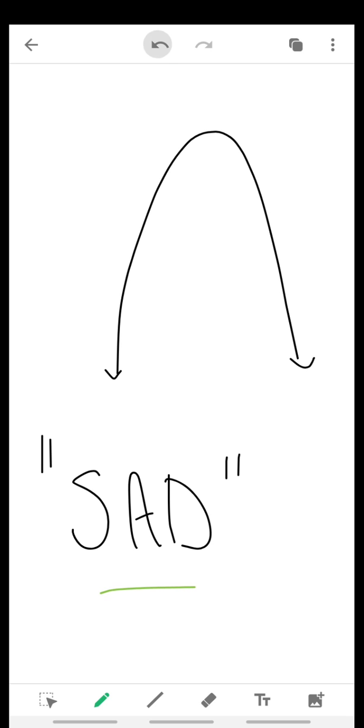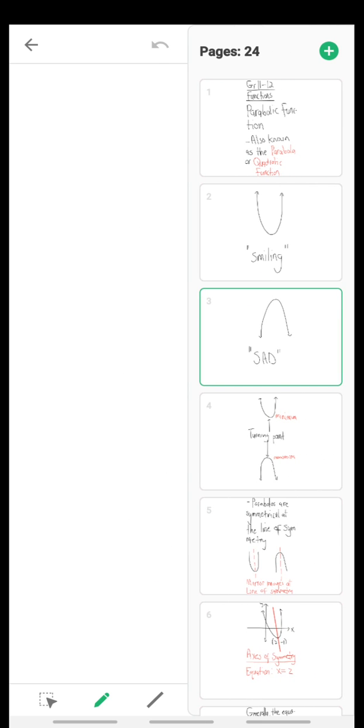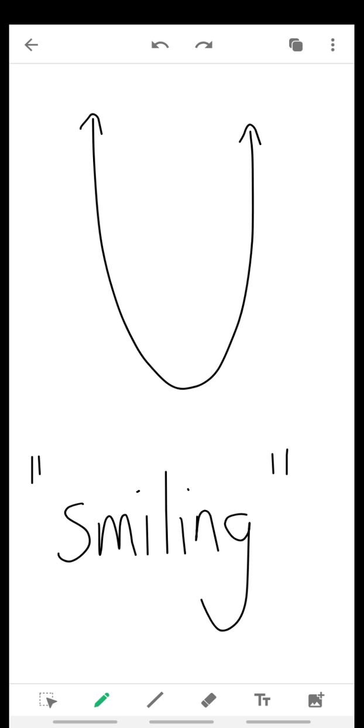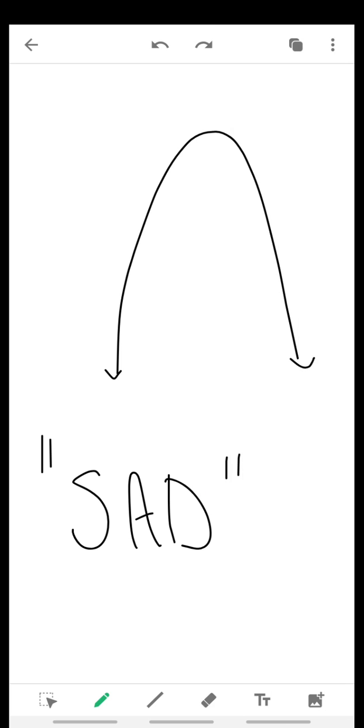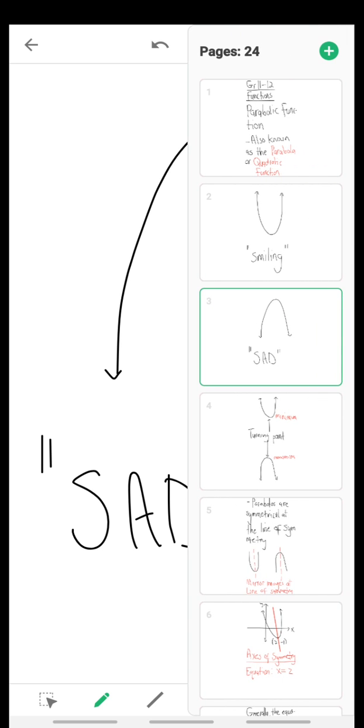So your parabola will either look like that, which is a happy face or a smile, or your parabola may look like that, which is a sad face or just a sad person. That is how a parabola looks, that is the shape of the parabola.